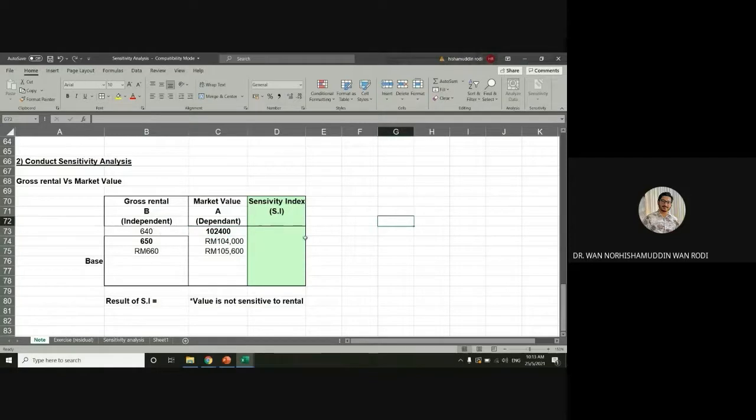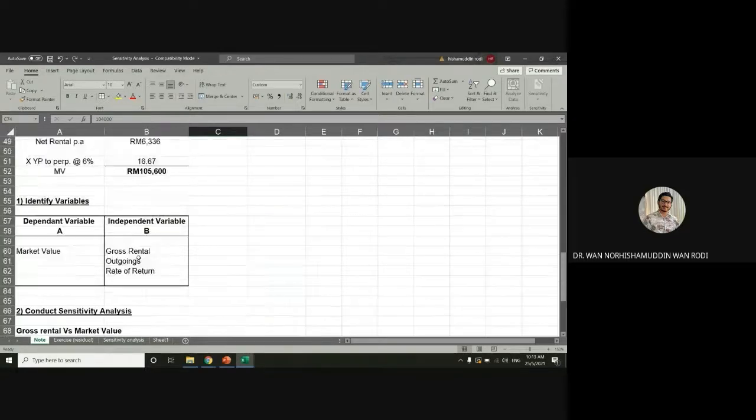Okay, now how do we calculate the sensitivity index? First thing first, you have to determine the base value. So in this context, I will point to 650 as our base value. So meaning this one will be the B base and this one will be the A base.